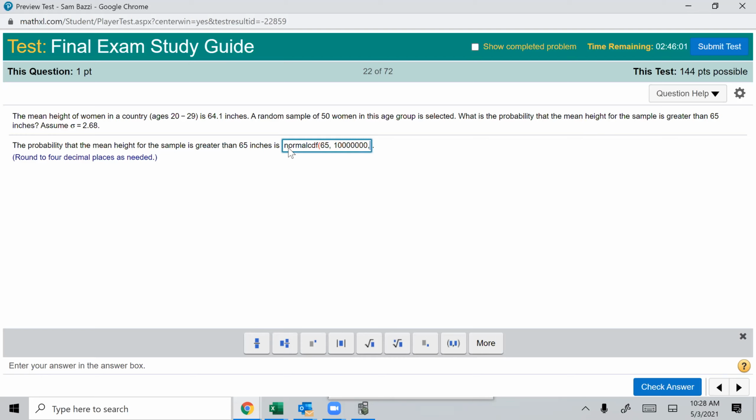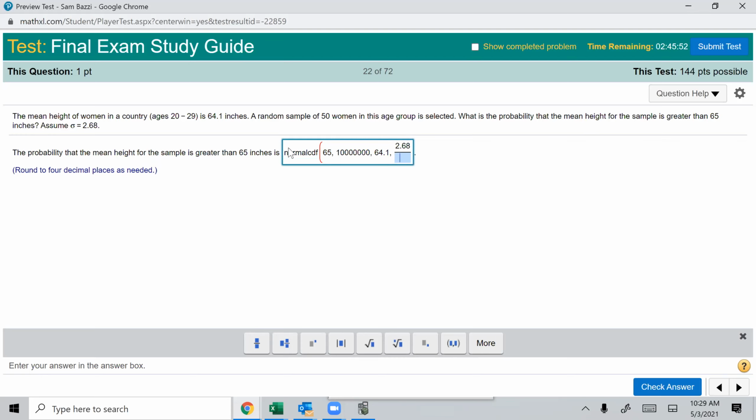Then the mean is 64.1. Then the standard deviation, guys, is 2.68 divided by square root of 50. Of course, you need to do the math here, you can do it on the calculator to get the answer.